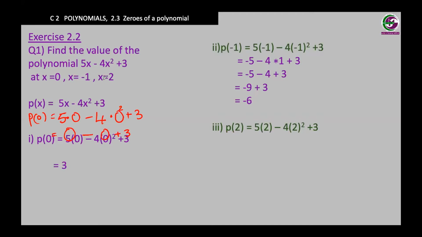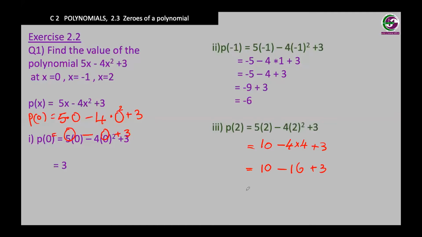Now the next example. By replacing x equal to 2. So when you replace x by 2, P of 2 is equal to 5 times 2 minus 4 times 2 power 2 plus 3, which is equal to 5 times 2 is 10 minus 4 times 2 power 2 is 4 plus 3, which is equal to 10 minus 4 times 4 is 16 plus 3.